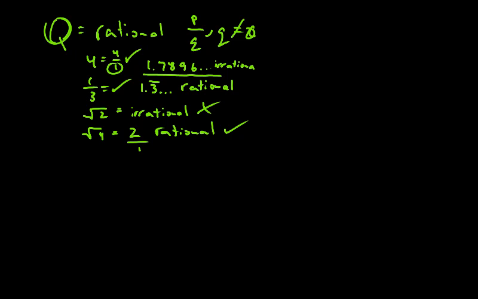The last few sets we have: the set of real numbers notated with an R as such. And this is any number that can be put on a number line. So take your pick. Could be 0, positive negative 1, 1.3, negative 2.5 repeating. These are all real numbers.